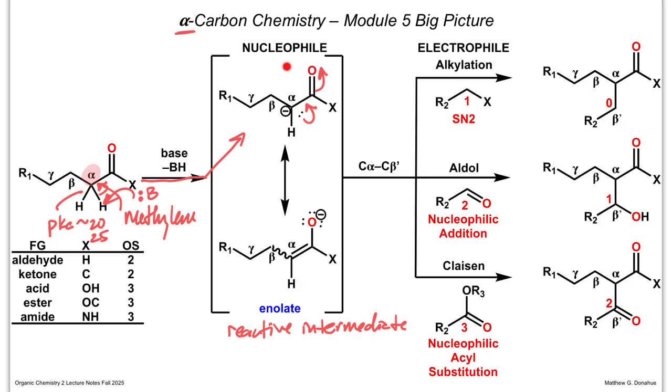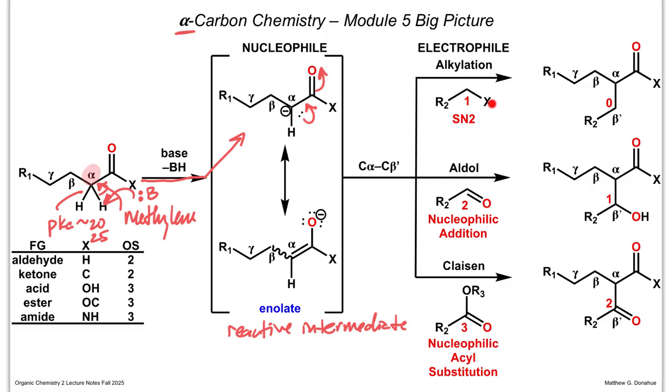It's supplying electrons in the mechanism. We know that nucleophiles react with electrophiles. And so over the course of these couple lectures, we're going to look at the different electrophiles and categorize them based on the oxidation state. So the number in red here is the oxidation state of that carbon.